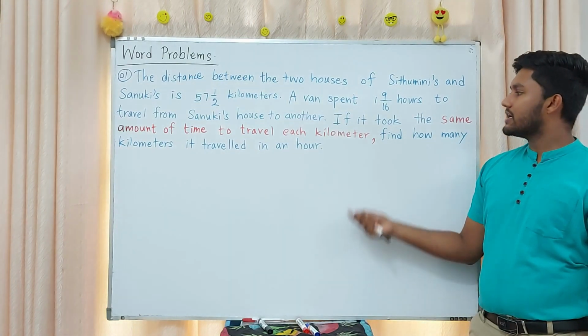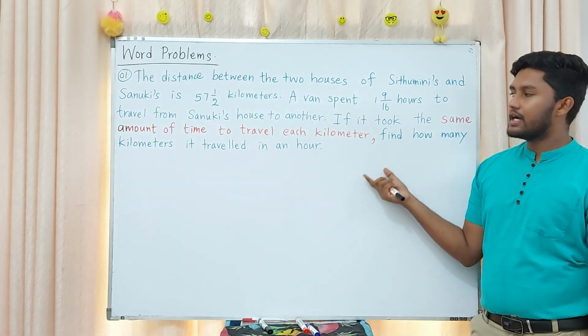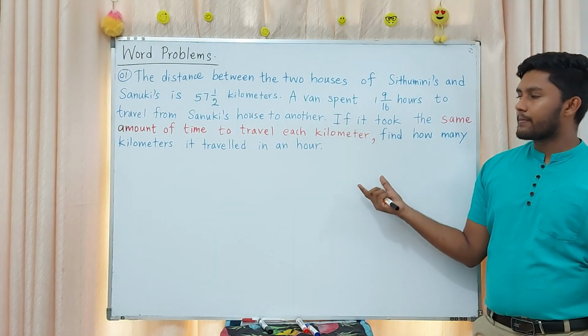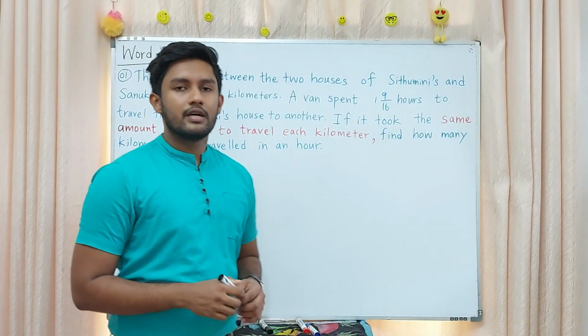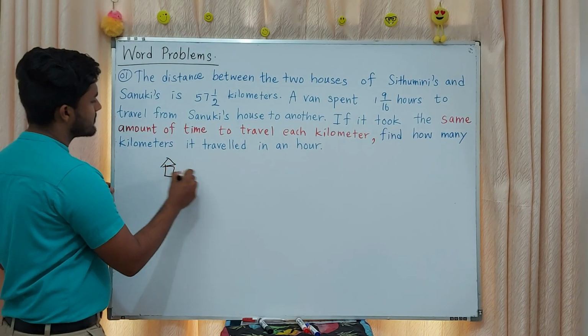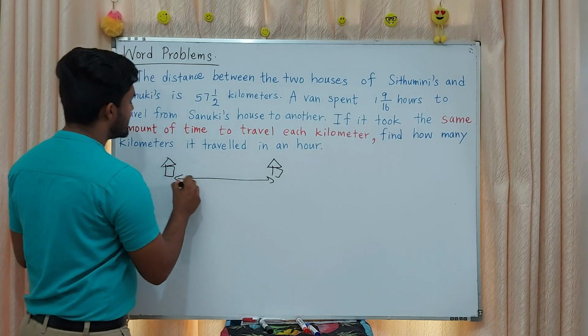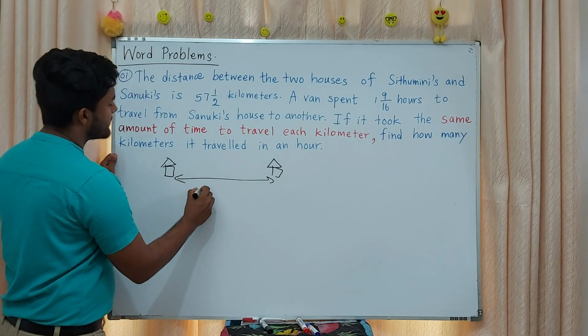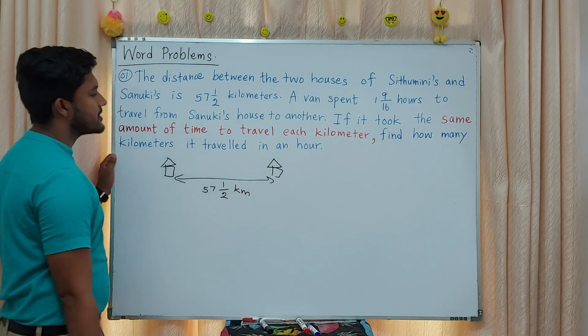You know that the key point is highlighted within the question. Then we know the total distance between the two houses, that means 57 1 over 2 kilometers.